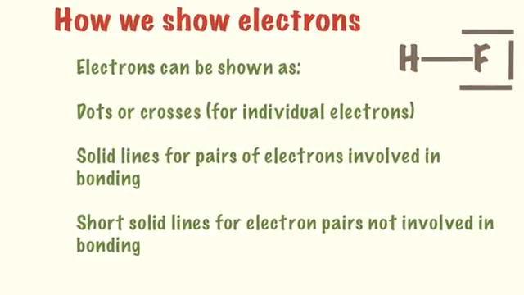Some are here. I'll just point them out to you. We've got them over here, 2 there, 2 there, 2 there. 1 of fluorine's electrons there, 1 of hydrogen's there. So fluorine now has access to 8 electrons, so it's happy. Hydrogen's got access to 2 electrons, it's happy, and life goes on.